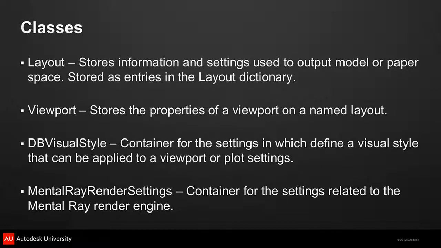Instead of having to worry about copying those or making sure they're in the drawing, you could create them on the fly as well. Mental ray render settings, those are render presets. So if you're into rendering viewports and 3D objects, that's something you maybe want to do, because those are very specific to your needs.